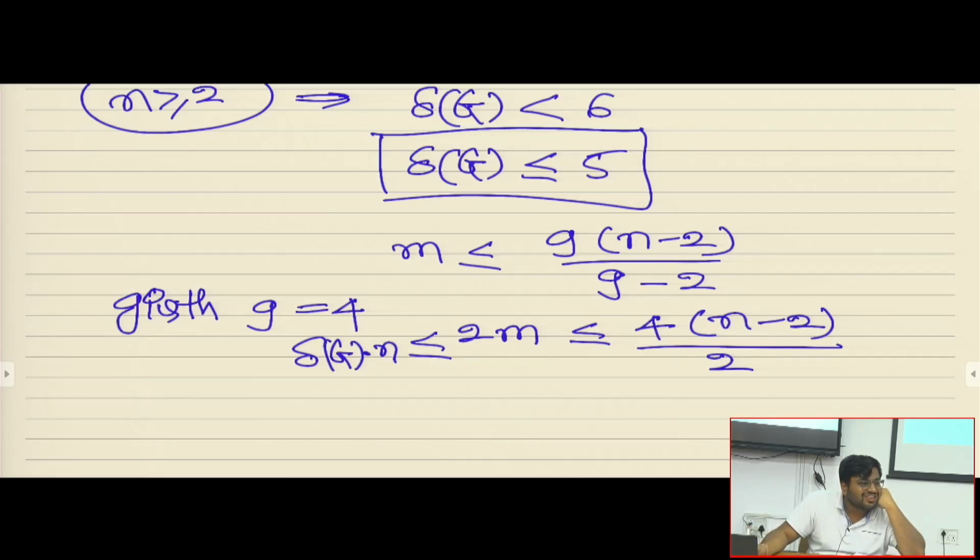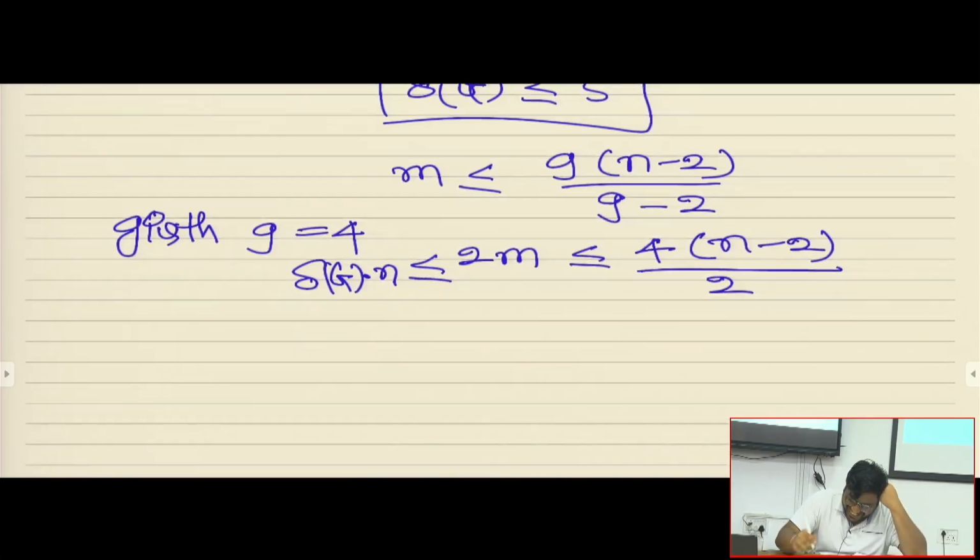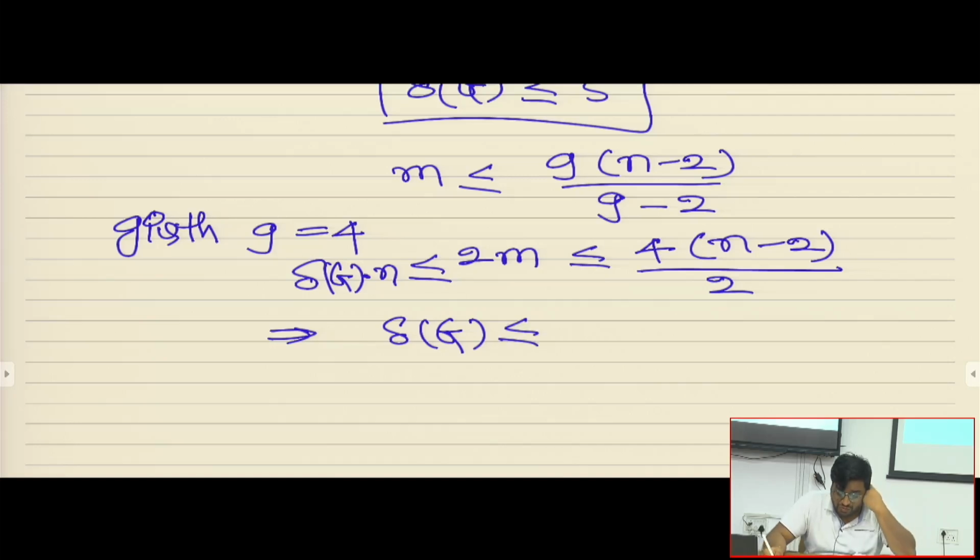Is something wrong? Okay. So from that we have delta of G less than or equal to 2. Okay, here we had to multiply by 2. So that is also 4. Yeah.